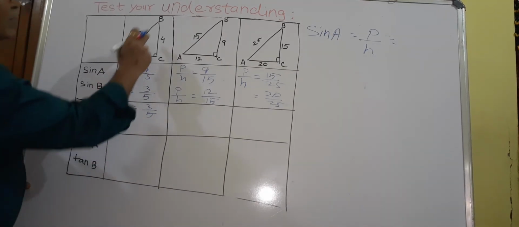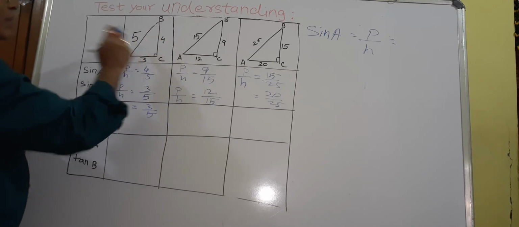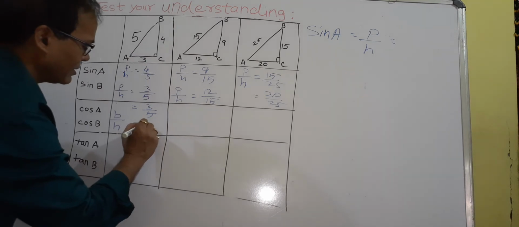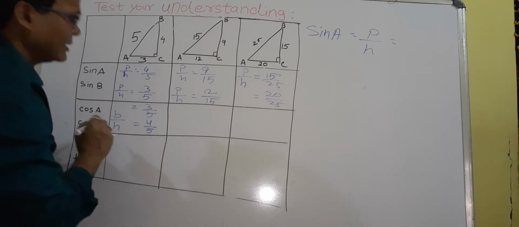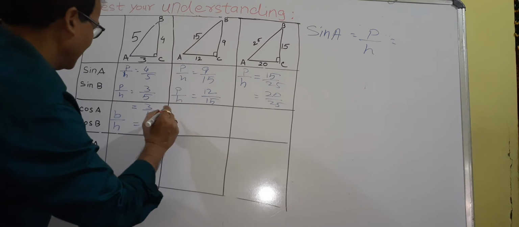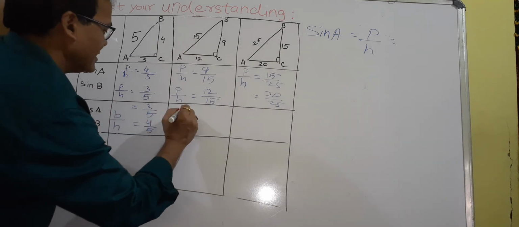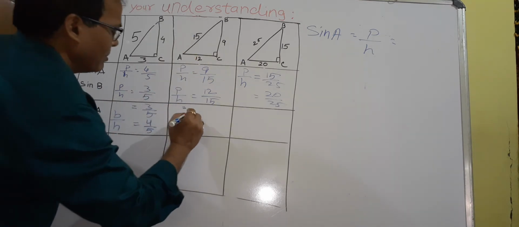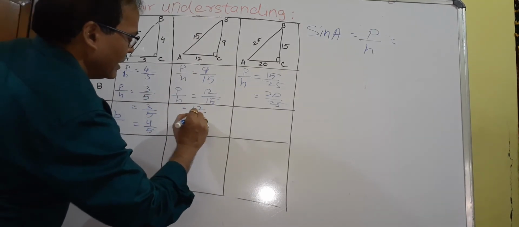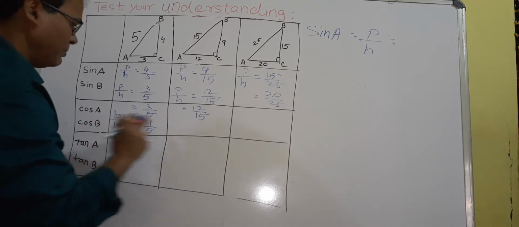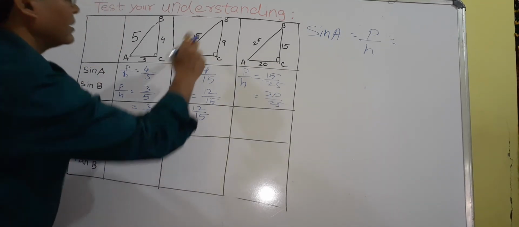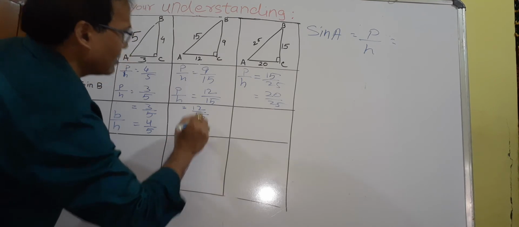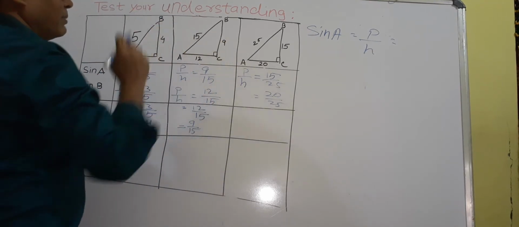And cos B is equal to 4 is the base, 5 is the hypotenuse, so we get 4 by 5. Similarly, here you will get cos A is equal to base for A, 12 by 15. And for cos B, we will write 9 by 15, because 9 is the base divided by hypotenuse.